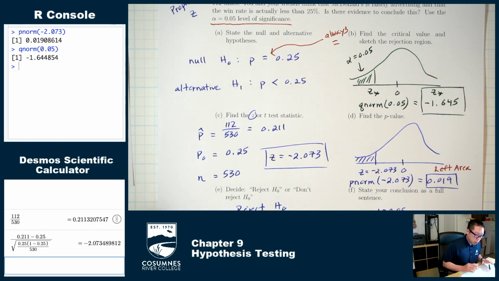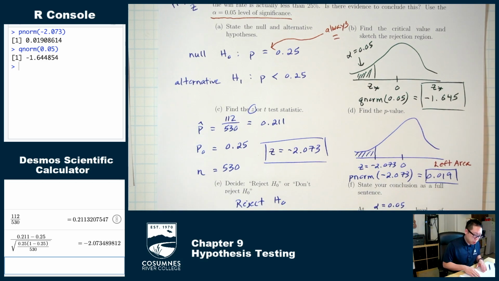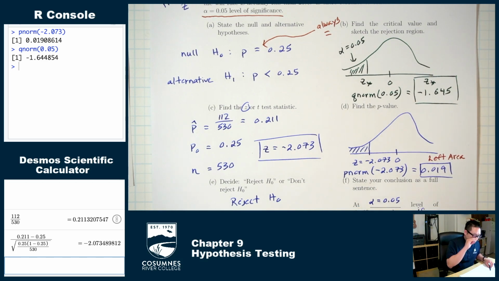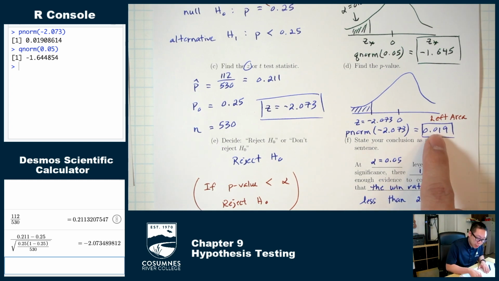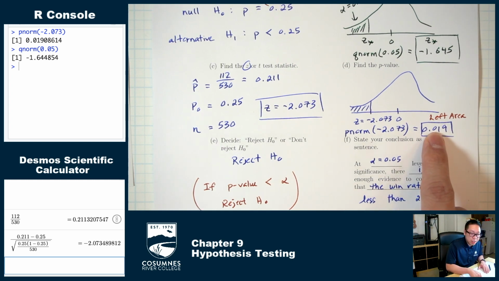Let me say a little bit more about why the critical value approach and the p-value approach are actually telling you the same thing about whether to reject or don't reject. Remember, to reject or don't reject, we really only care about whether the p-value is less than or not less than the alpha, right? So one way to find out whether it's less than or not less than is to actually find the exact p-value. But you don't actually need to find the exact p-value.